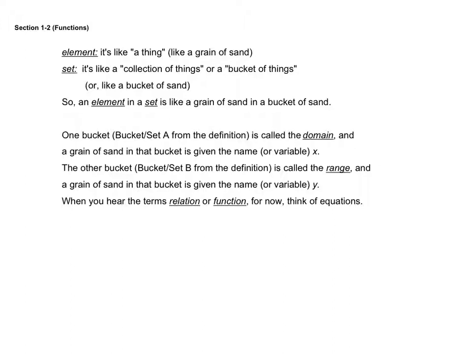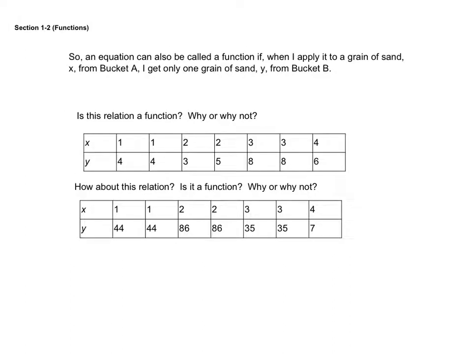So when you hear the terms relation or function, at least for now, think of equations. An equation can also be called a function if, when I apply it to a grain of sand, x, from bucket A, I only get one grain of sand, or y, from bucket B.